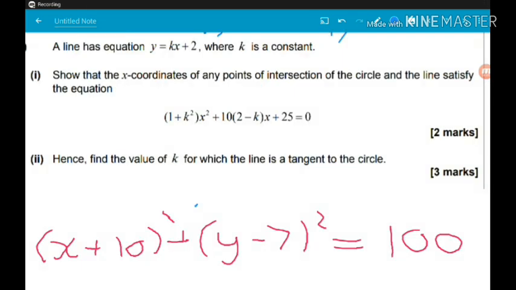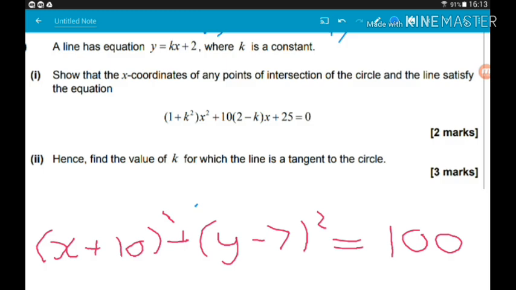Part C says a straight line has the equation y equals kx plus 2, where k is a constant. Part 1 is asking us to show that the x-coordinates of any points of intersection of the circle and the line satisfy the equation (1 plus k squared) x squared plus 10 lots of (2 minus k) x plus 25 is equal to 0.